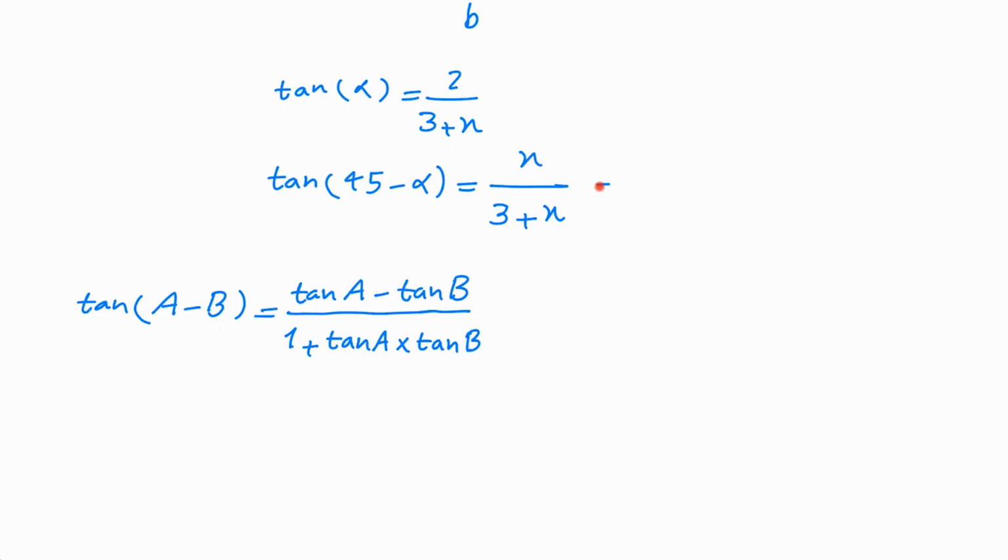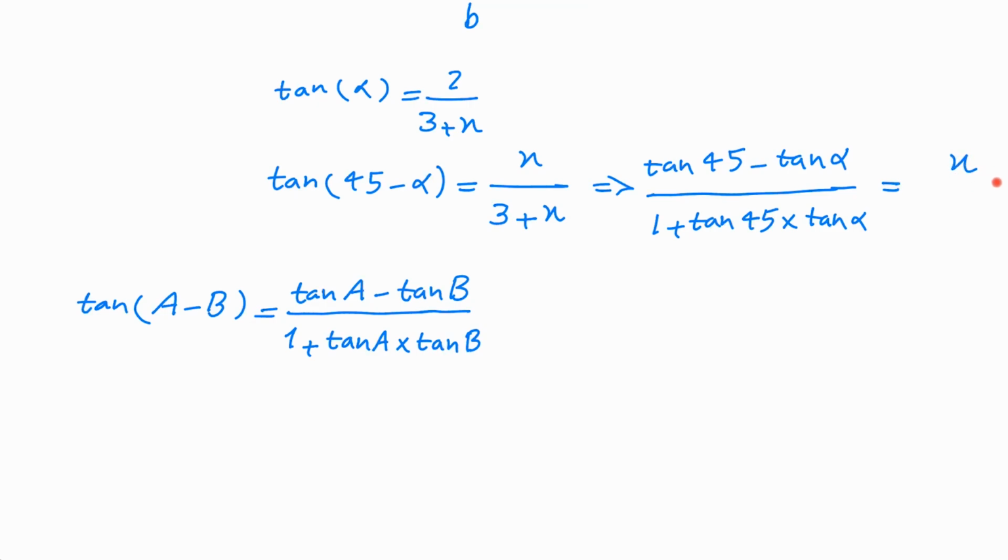So we can write tangent of 45 minus tangent of alpha divided by 1 plus tangent of 45 times tangent of alpha. It should be equal to x divided by 3 plus x.